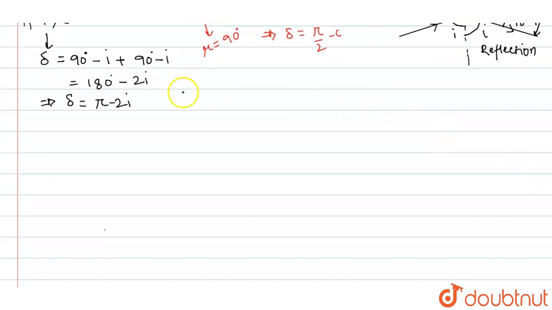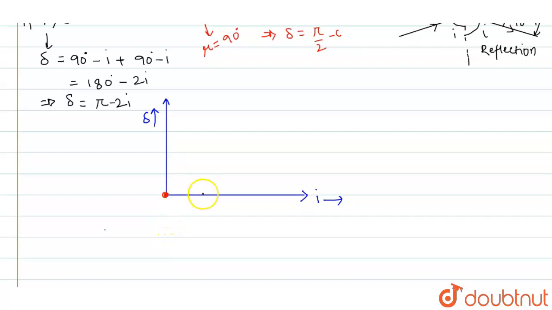So now let us draw the graph. Let this be the angle of incidence, and this is the angle of deviation. So when the angle of incidence is 0, then the angle of deviation is also 0.